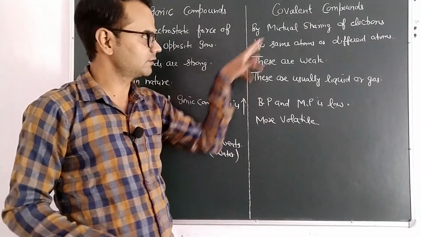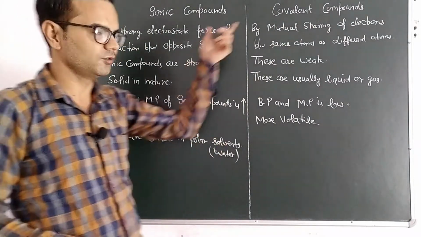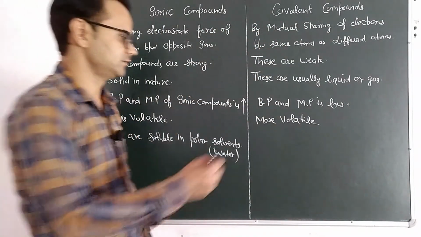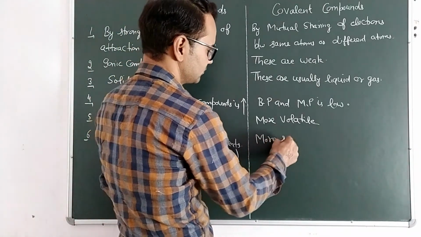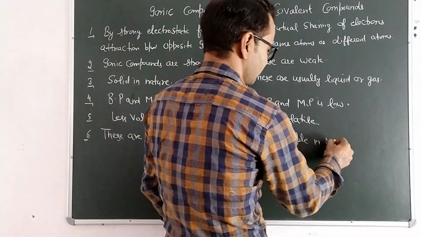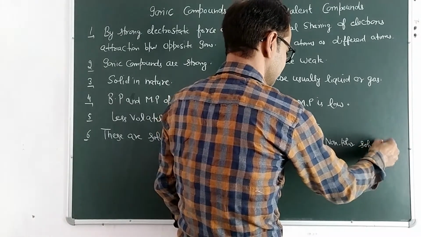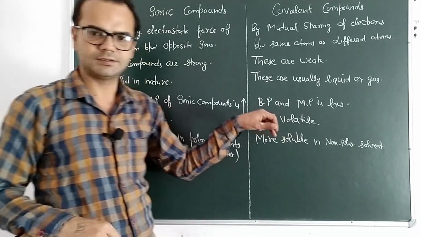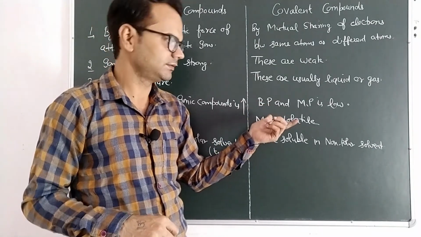Like dissolves like, so covalent compounds are less soluble in polar solvents but more soluble in non-polar solvents. Non-polar solvents are like kerosene, benzene, gasoline, etc.